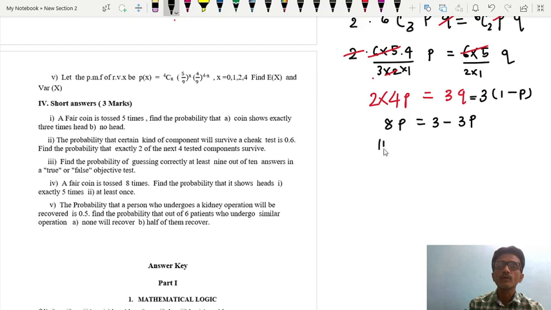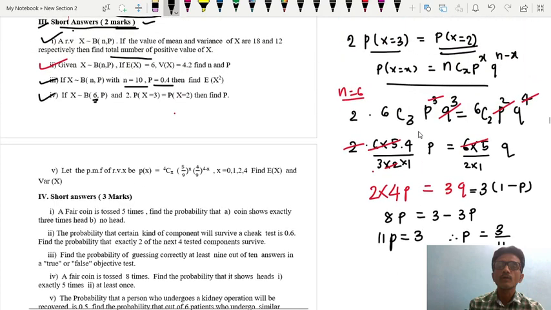So 11p is equal to 3. Therefore p is equal to 3 by 11. What is to be find out here, क्या find करना है आपको, yes बच्चों p find करना है. What you are getting, p is equal to 3 by 11.